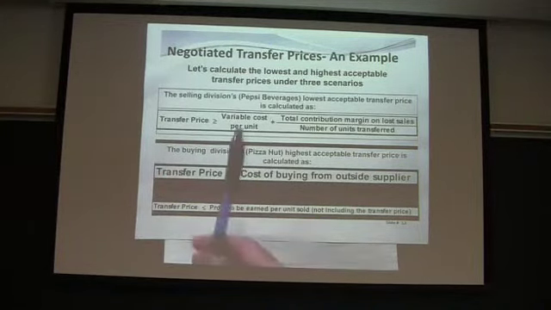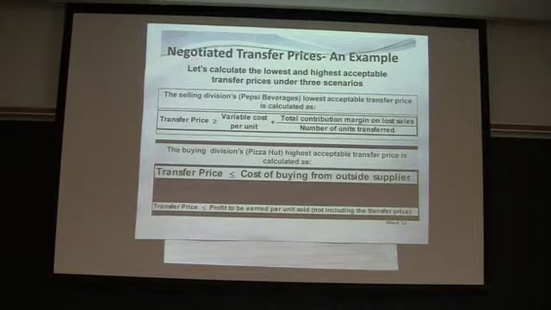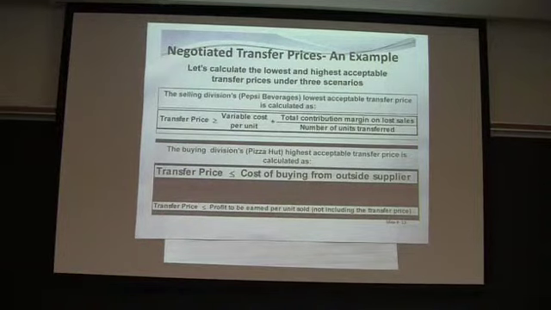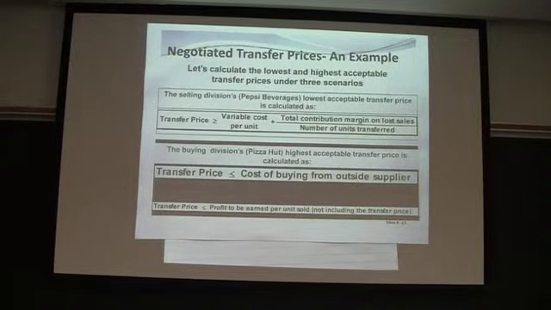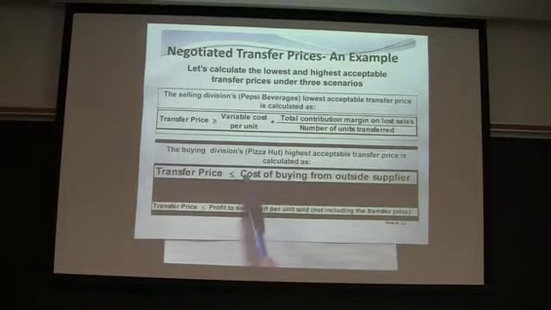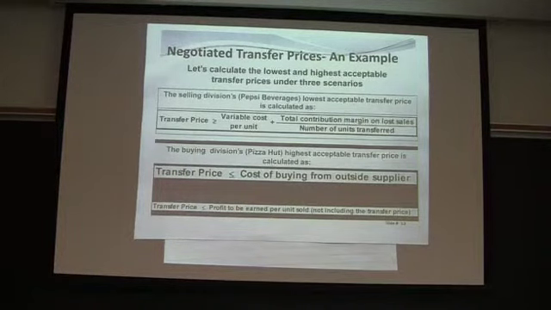Now this is from the seller's perspective. From the buyer division's perspective, the most that they'll ever pay is the cost of buying from an outside supplier. So that's actually the maximum, the threshold. The buying company is not going to pay more for what they can buy from an outside supplier.